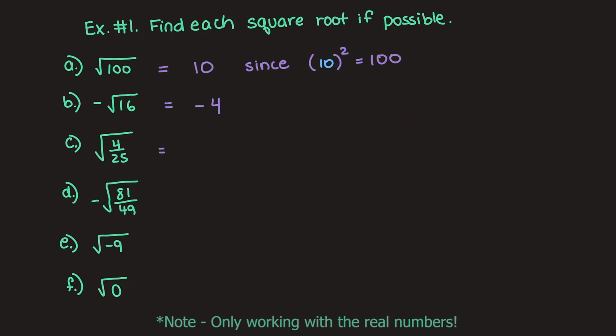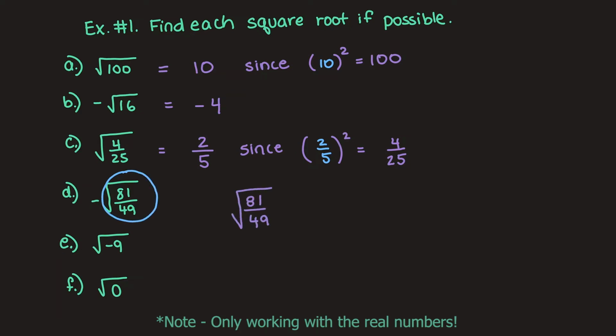For the next example, the square root of 4 over 25 is equal to 2 over 5, since 2 over 5 squared equals 4 over 25. And for the next example, again, we want to simplify the radical first, so the square root of 81 over 49 is 9 over 7, since 9 over 7 squared equals 81 over 49. And then we just attach the negative in front of 9 over 7.